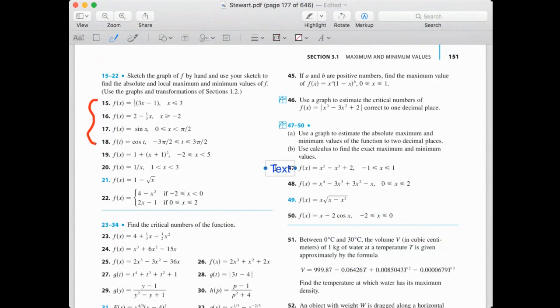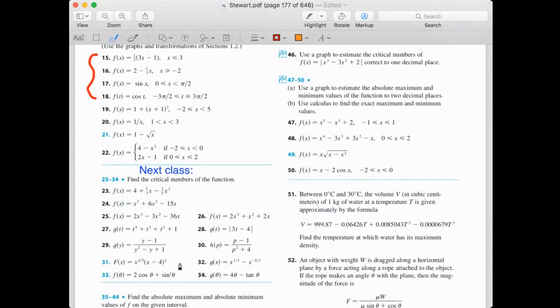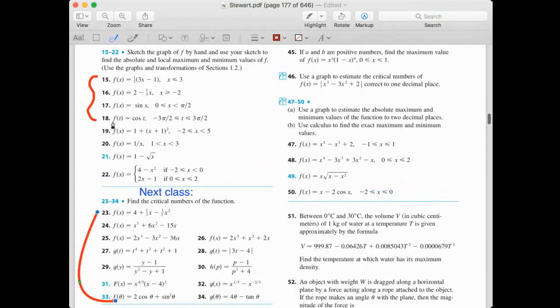I'll leave some for next class. Those are numbers 23 up to 33. Okay, now let's try 15, 16, 17, 18. If you finish, you can share with us.